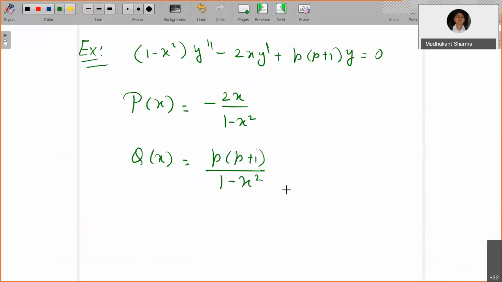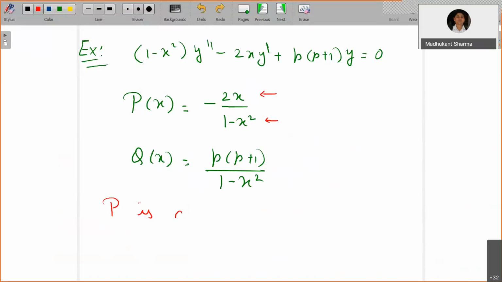Now if you look at these p and q carefully, let's look at p first. The numerator is analytic because it's a polynomial. The denominator is also analytic because this also is a polynomial. So this rational function is analytic everywhere except at the point where the denominator vanishes.